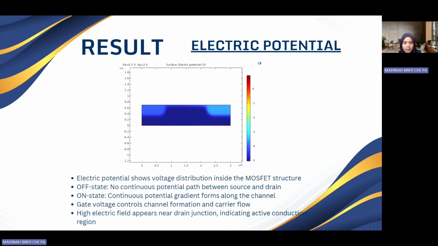This electric field attracts electrons toward the silicon carbide oxide interface and repels the holes away from the surface. As a result, an inversion layer of electrons is formed, which creates the conducting channel between source and drain. From the electric potential, we can observe that the potential is the highest near the drain region.